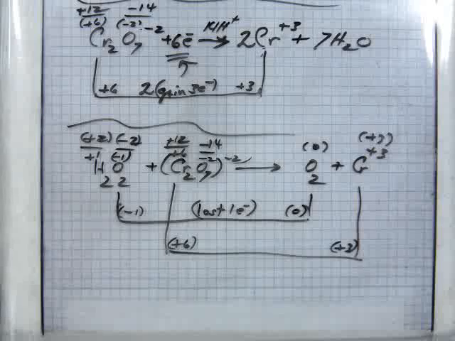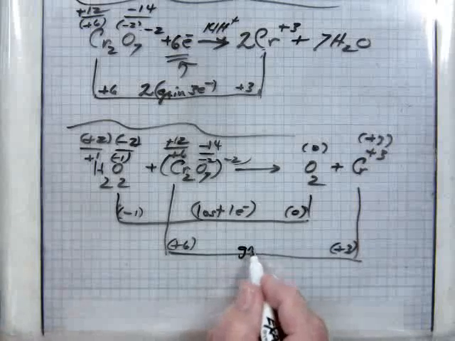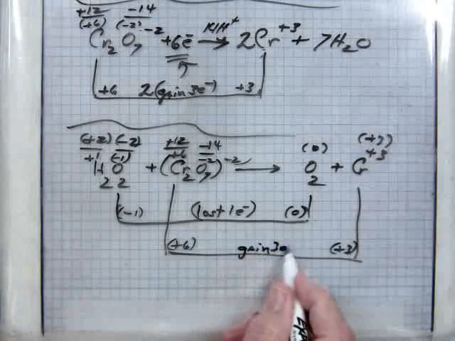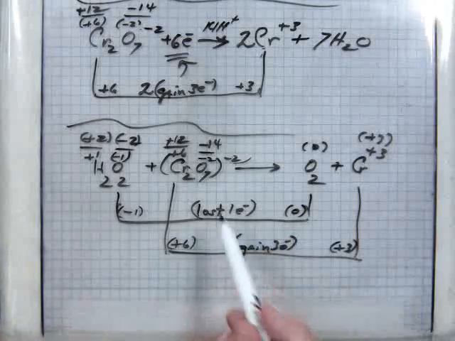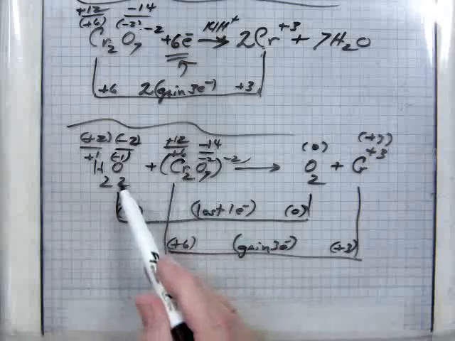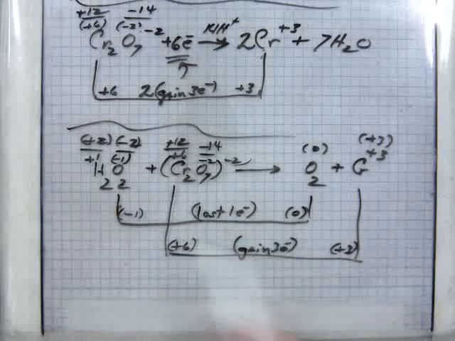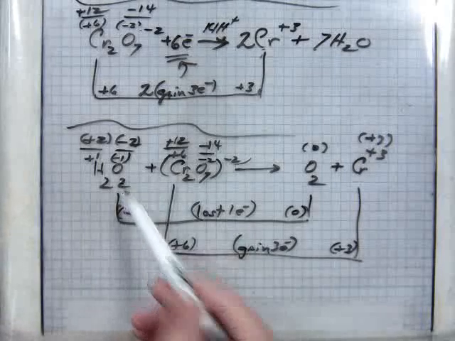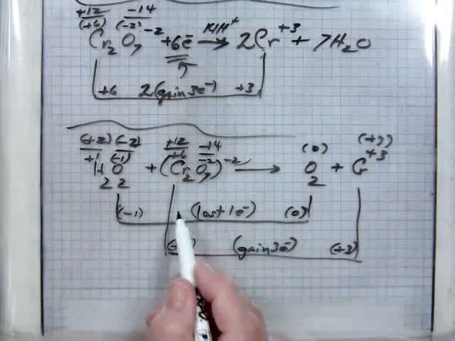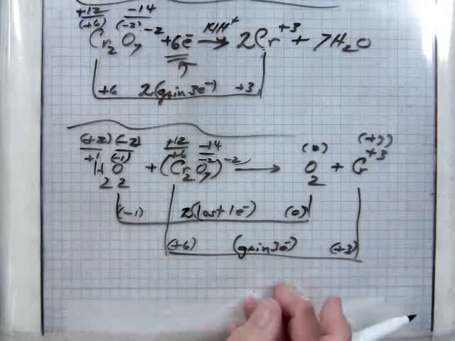So we're looking at gaining 3 electrons in there. And in the formulas that we have, we cannot ignore now the subscripts. That was per element. Now the multiples. So we have to take into account that 2 oxygens are each losing 1 electron.